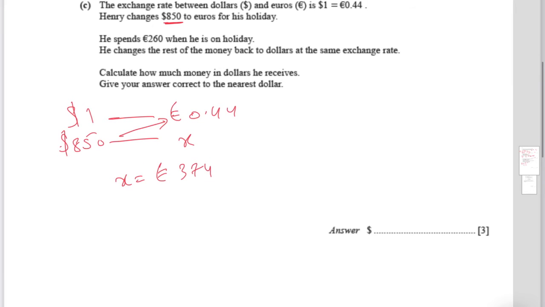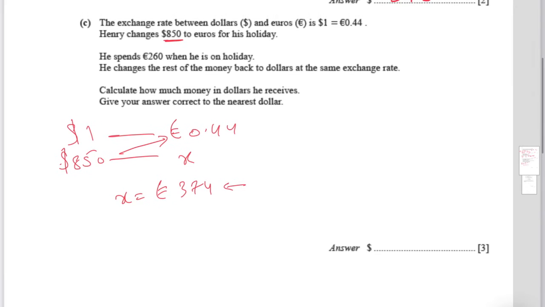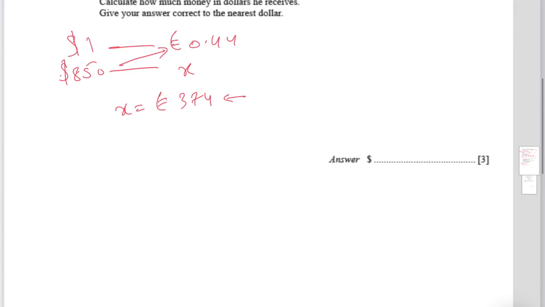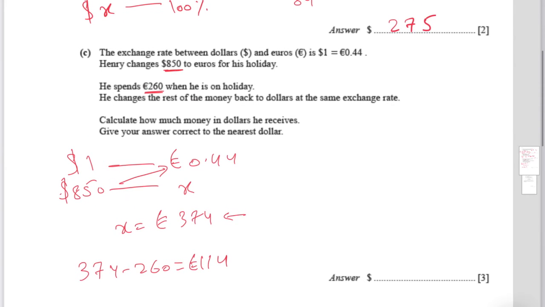Now out of this 374 euros, he spends 260 euros. So let's subtract that. 374 minus 260 we get 114 euros.